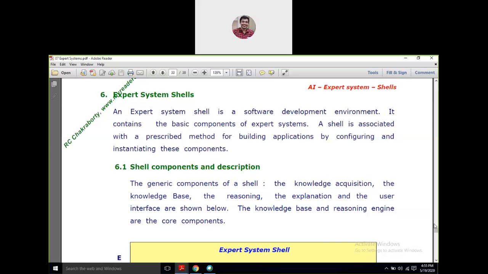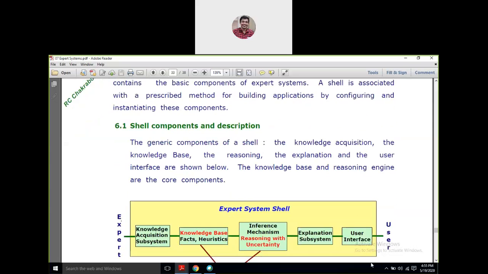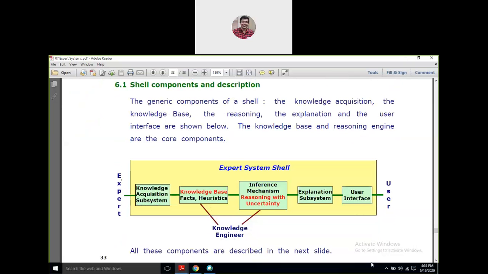So the expert system shell basically comprises some basic components. Initially we start with the experts, and at our end we have the users.